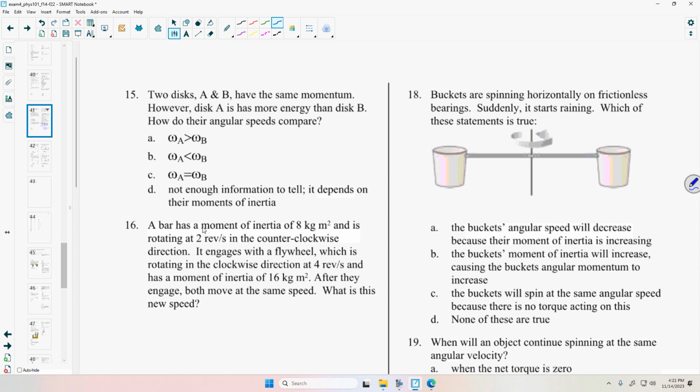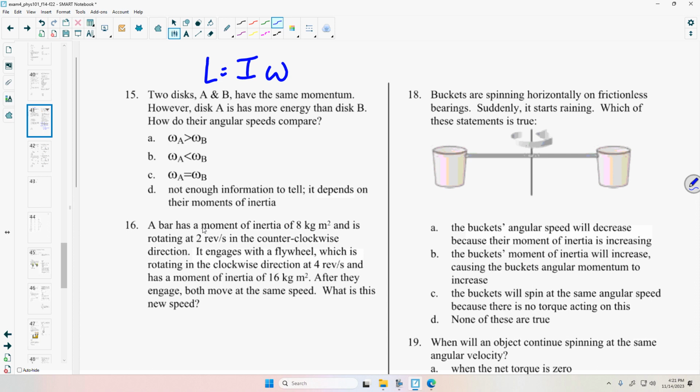Okay. They're tricky. So 2 discs have the same momentum. However, disk A has more energy than disk B. So how do their angular speeds compare? They have the same momentum. That means that the product of I and omega is the same for both, but one of them has more energy. The one with more energy has a higher what?